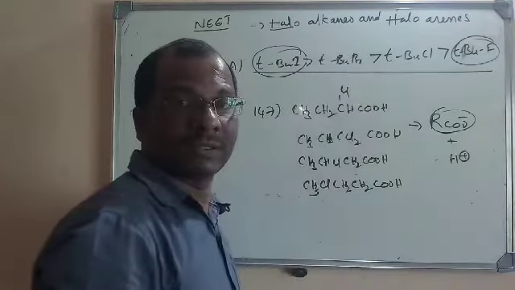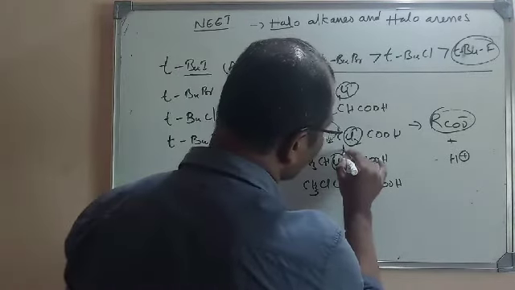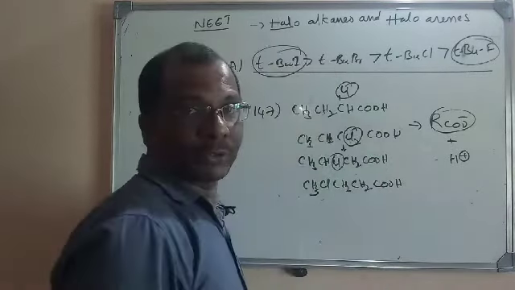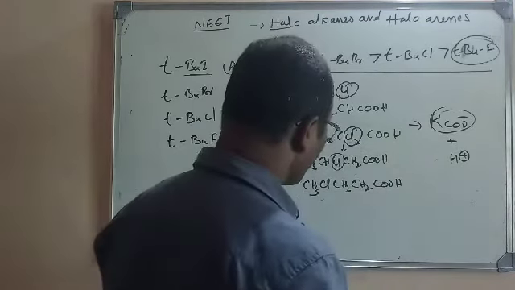So the strongest is the most easily ionized. Halogens are the minus I groups present here, so the presence of minus I groups increases the strength of the carboxylic acid. So here alpha dichlorobutanoic acid is more acidic of all.